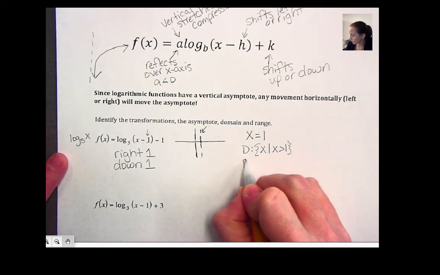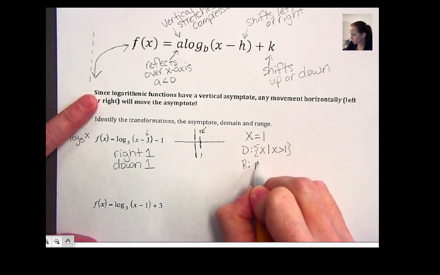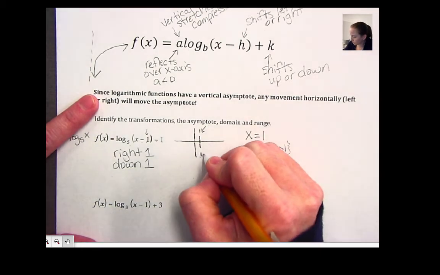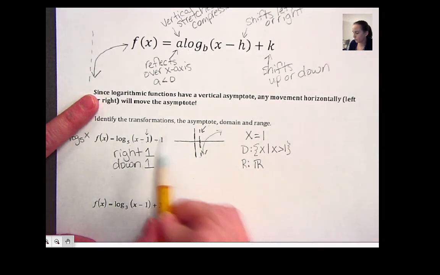Now the range, on the other hand, we can go as high and as low as we want on this graph forever and ever. So the range is all real numbers. And by the way, your function would look something like this. Of course, it would be shifted down 1 as well.